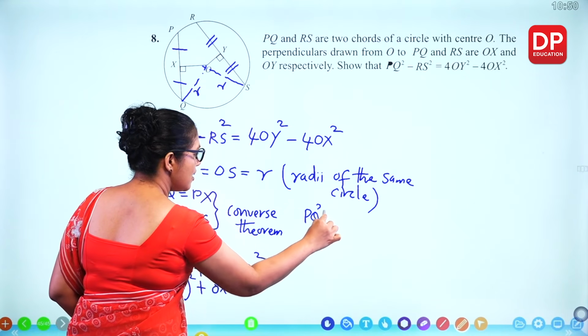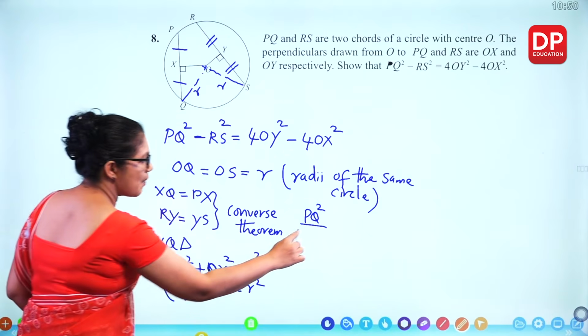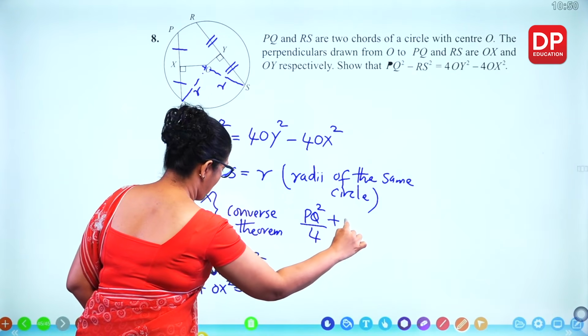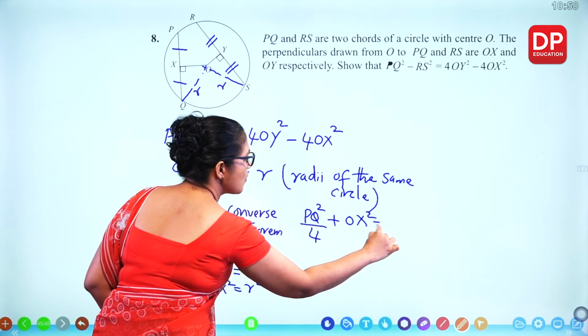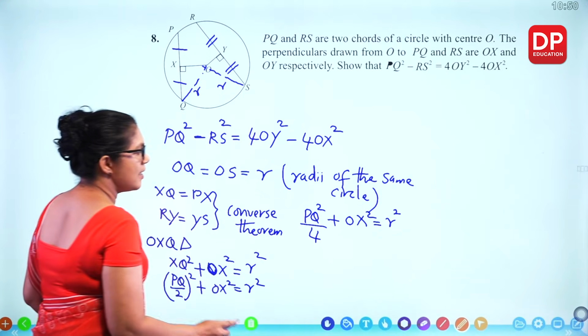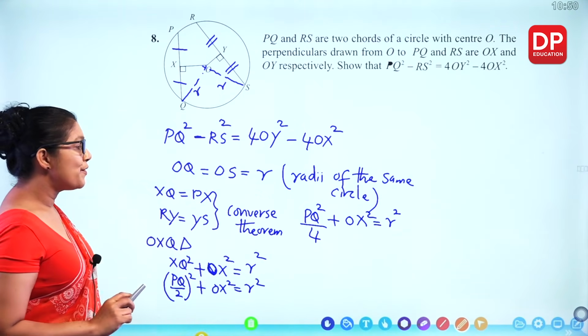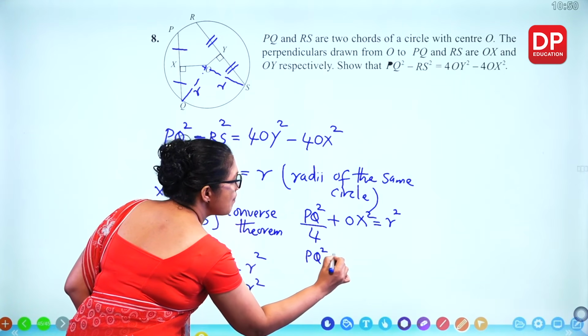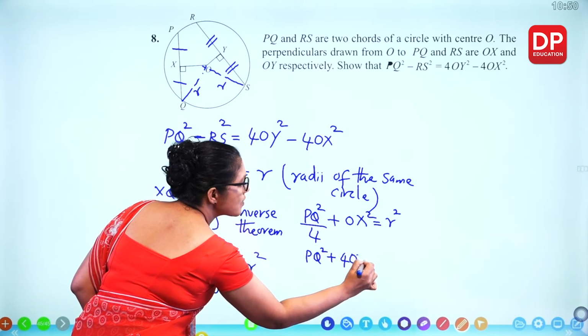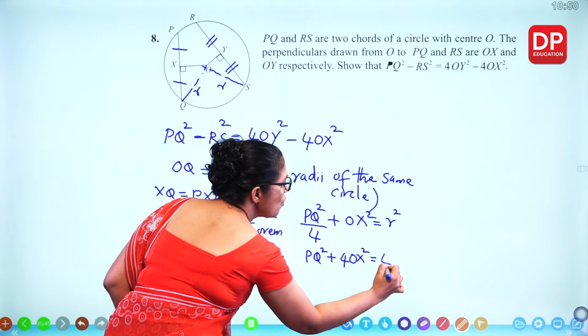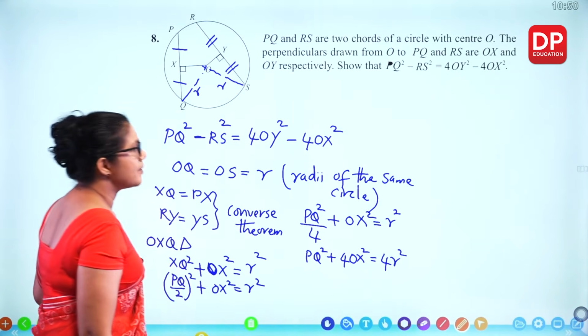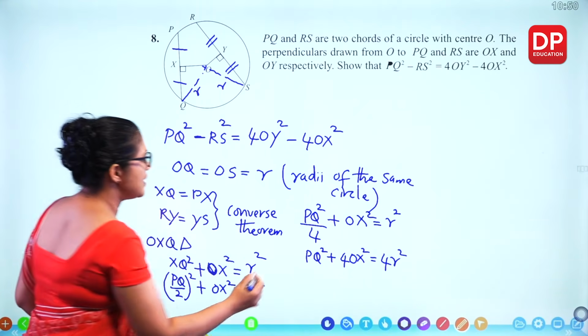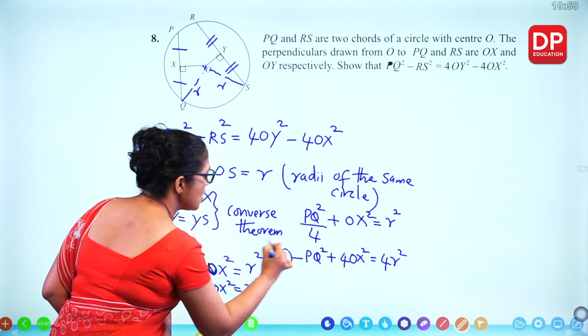PQ squared over 2 squared becomes 4, plus OX squared is equal to R squared. I want to multiply the whole thing by 4. So I get PQ squared plus 4 times OX squared is equal to 4R squared. So we'll take this one as the first equation.